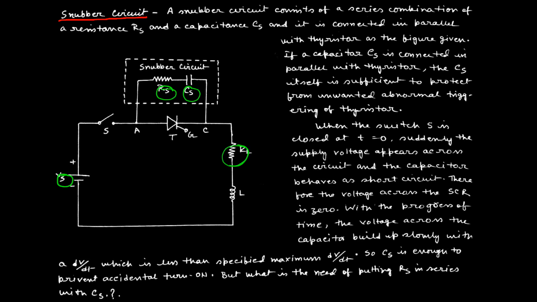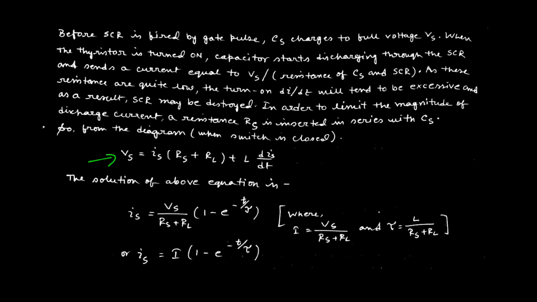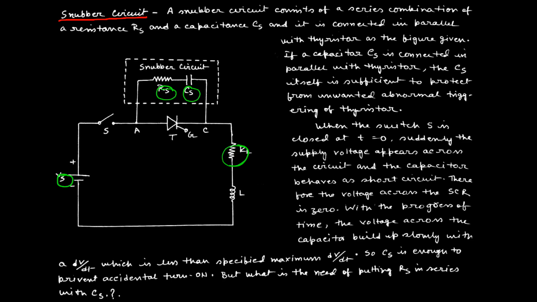That is why we can write the expression Is into (Rs plus RL) plus L di/dt, and L di/dt is due to the presence of this inductive load, which defines the voltage across the inductor.